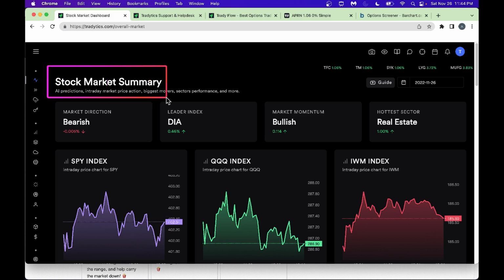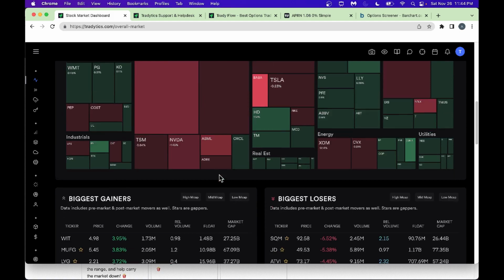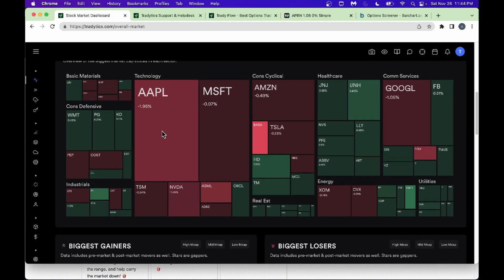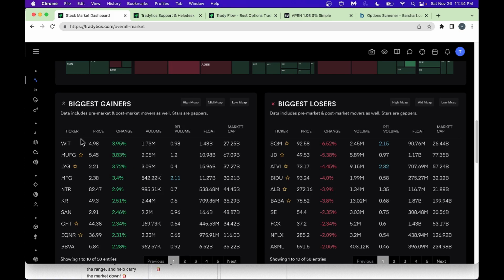It tells you the overall market, whether it's bullish or bearish, with some nice indications, nice sector mapping, what stocks are going up and down, big gainers, big losers, and so on. You can also see some stocks which are up, gapping stocks, and so on.